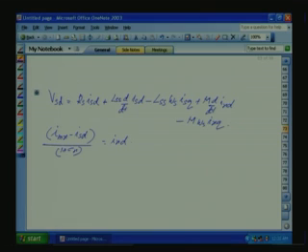So substituting this one here, also we know that IRQ is equal to psi RQ minus M ISQ divided by LRR.